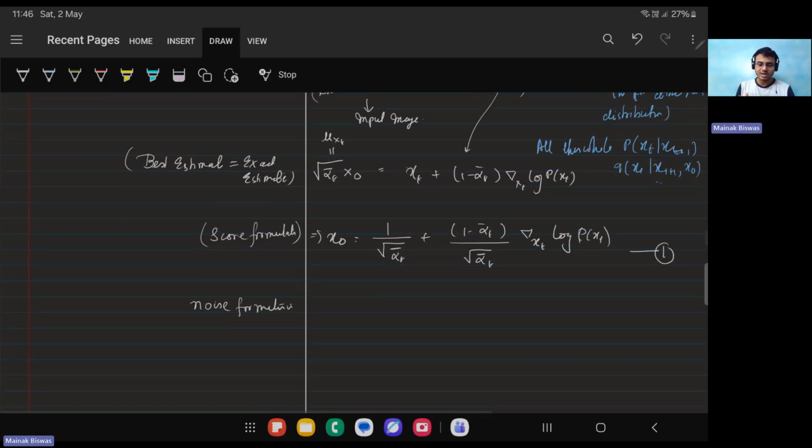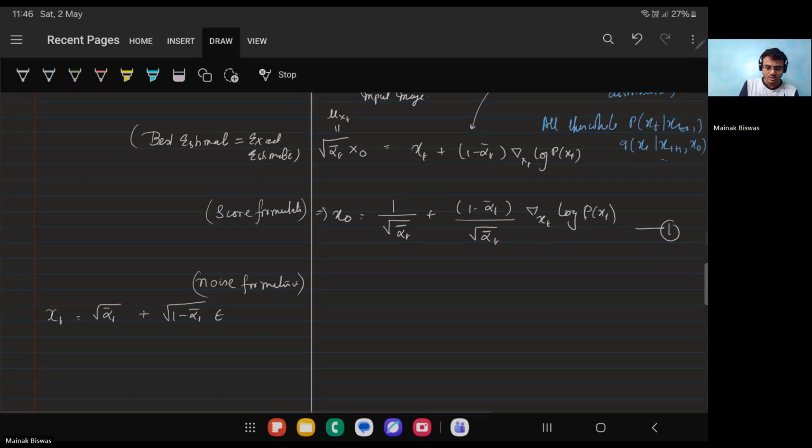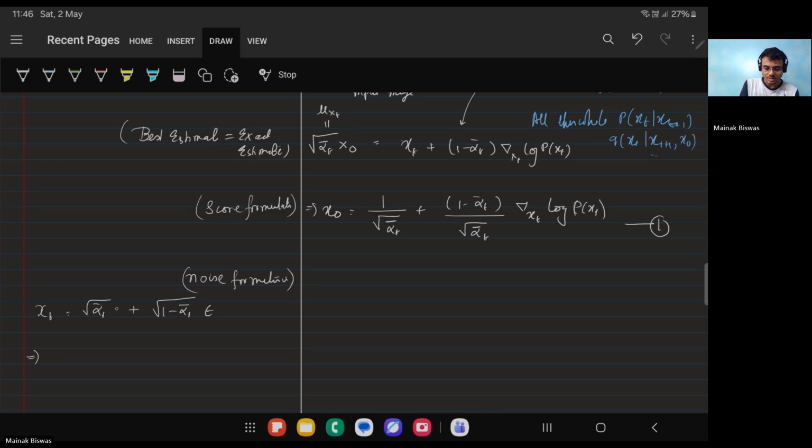The noise formulation will give me, see, remember xt was equal to root alpha t bar x0 plus root of 1 minus alpha t bar epsilon. So x0 was equal to 1 by root alpha t bar times xt minus root of 1 minus alpha t bar epsilon, right?